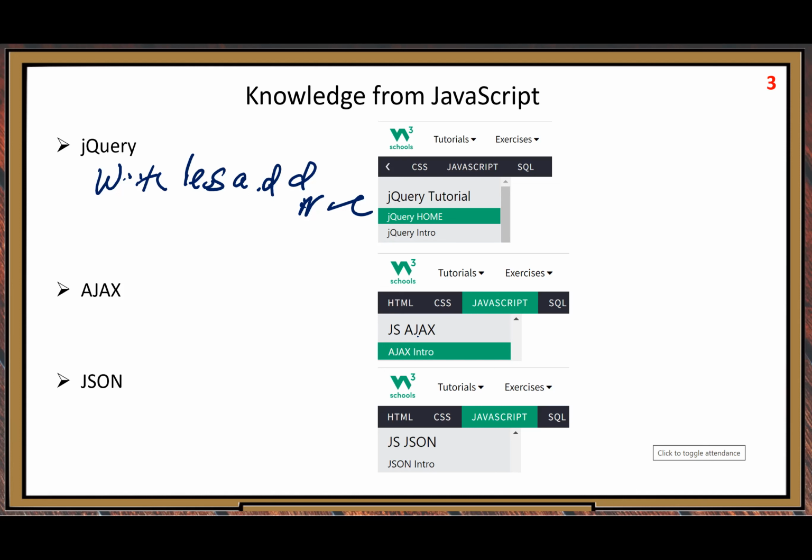Let me give you two examples showing you the power of Ajax. One, in Google search, when you type a keyword, you get a list of suggestions, right? That's by Ajax. Because when you type a keyword, Ajax already sent your keyword, or part of the keyword, to the server.